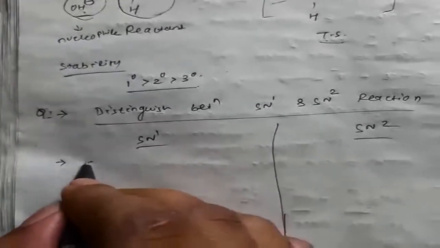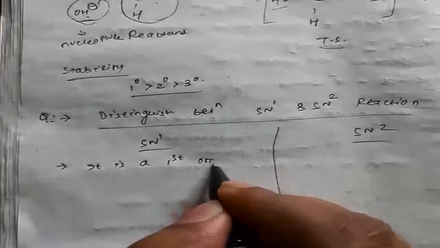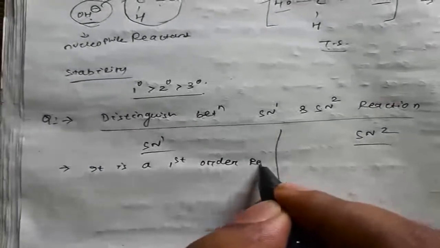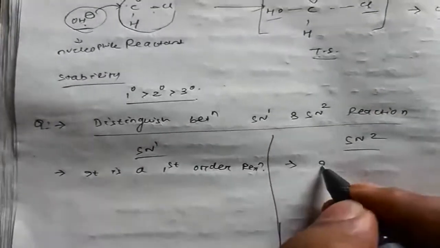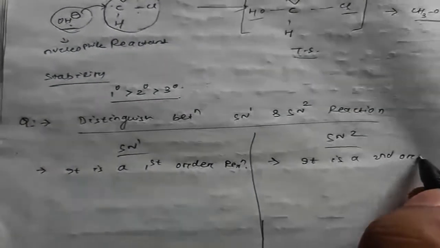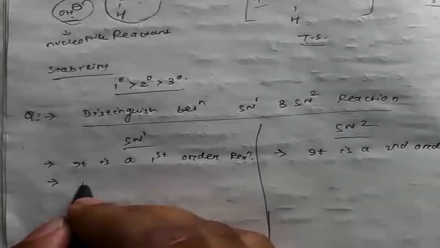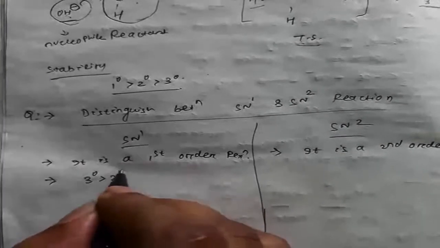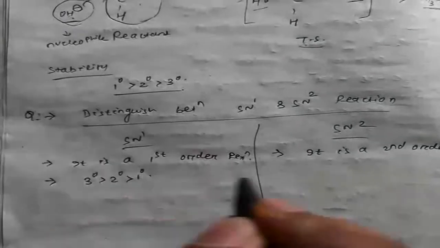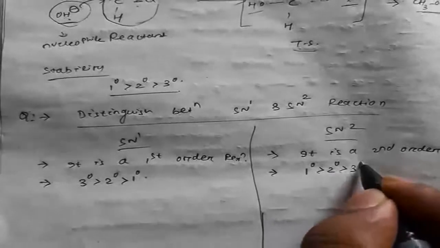First, SN1 is a first order reaction. Second, SN2 is a second order reaction. In SN1 the stability order is 3 degree greater than 2 degree greater than 1 degree. Here in SN2 the stability is 1 degree greater than 2 degree greater than 3 degree.